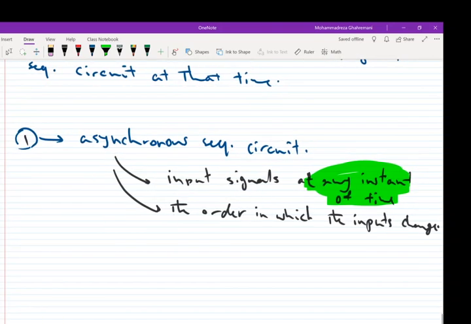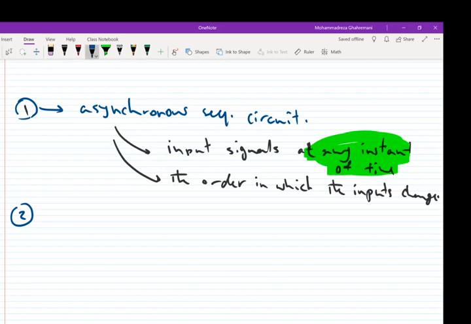But for synchronous sequential circuit, what is a synchronous sequential circuit? So let me write it on here. Synchronous sequential circuit.